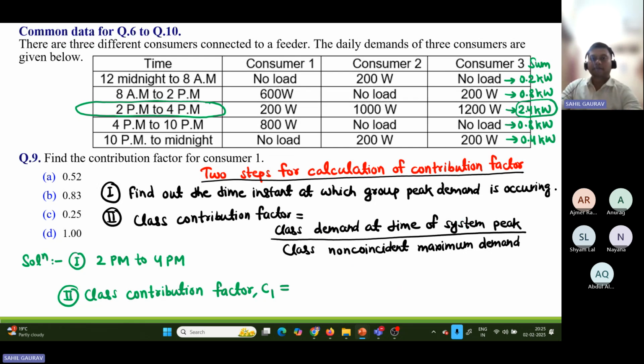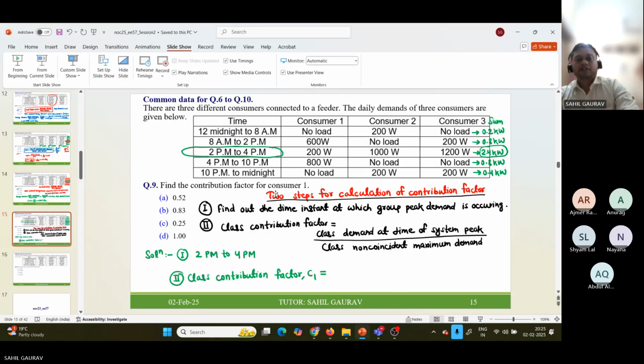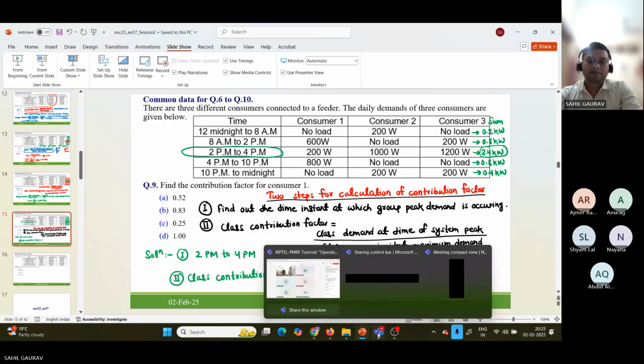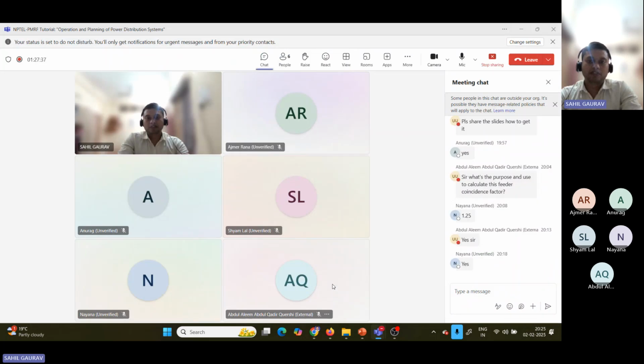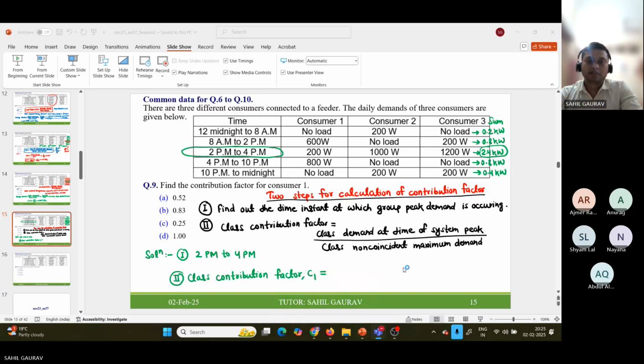So anyone can type your answer in the chat box. Class demand at time of system peak. So numerator will be what? I want to get the answer from you. What is the class demand at time of system peak?